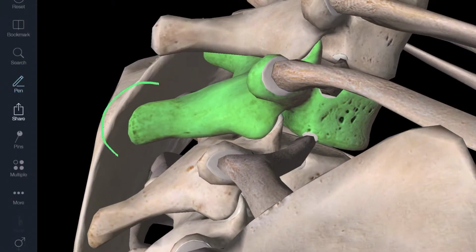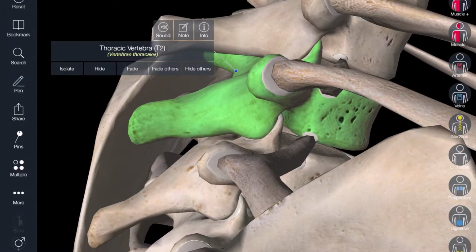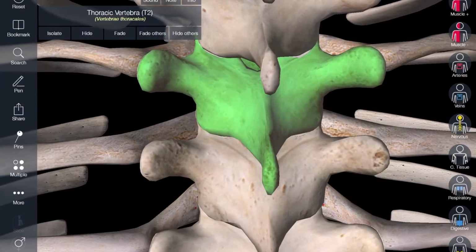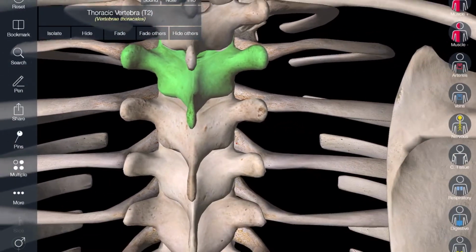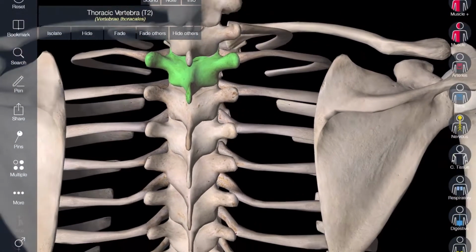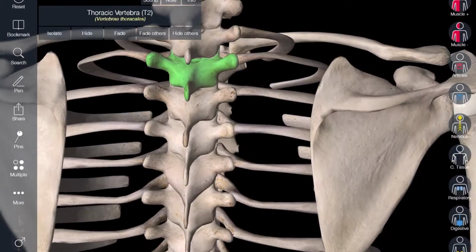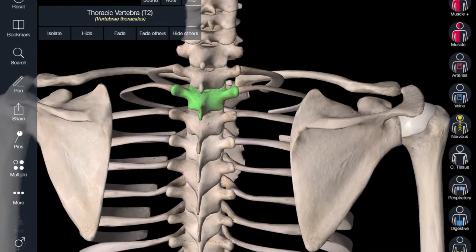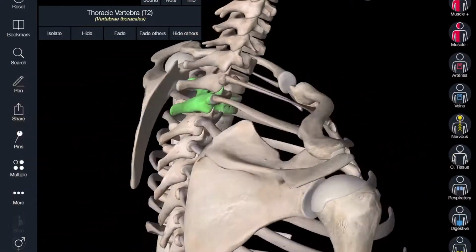This happens to be a thoracic vertebra that we're looking at, and so we'll be seeing muscles attaching there, and then of course ribs. We'll have a little bit of muscle involvement in ribs, and the humerus, which we've already looked at.